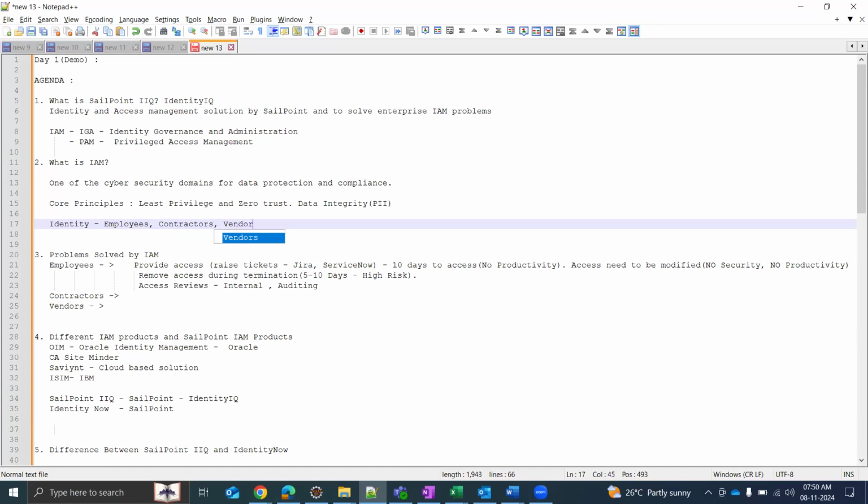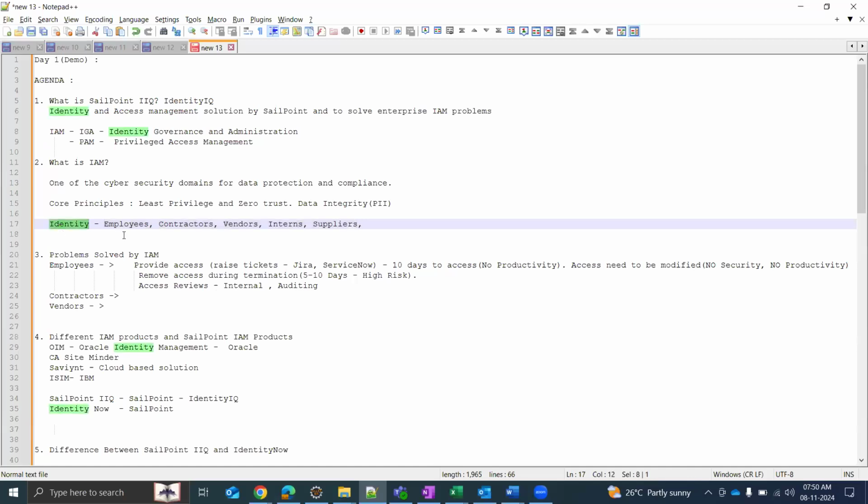There will be vendors, there will be interns, and depending on the sector we work in, some sectors like the manufacturing sector and pharmacy sector will have something called suppliers. So these are the people we refer to whenever we say identity.